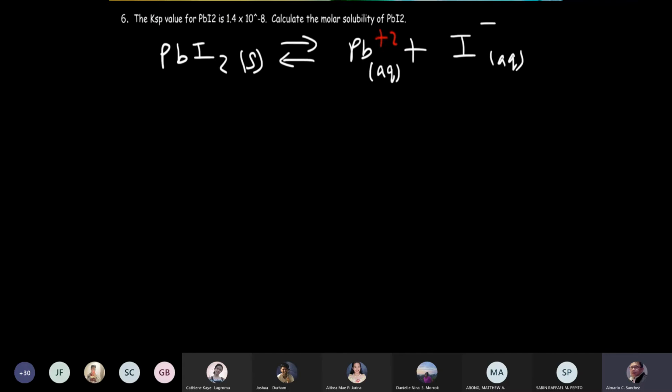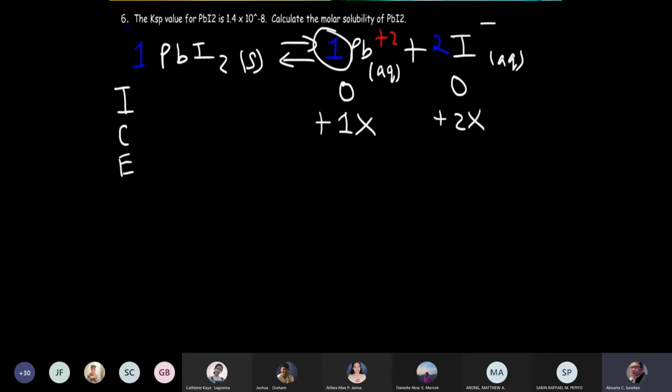Now we need to balance the reaction. So this is going to be 1 and this is going to be 2. Now let's make an ice table. So this is going to be 0 and 0. Now this is going to increase by 1x and this is going to increase by 2x based on the molar ratio that you see there.